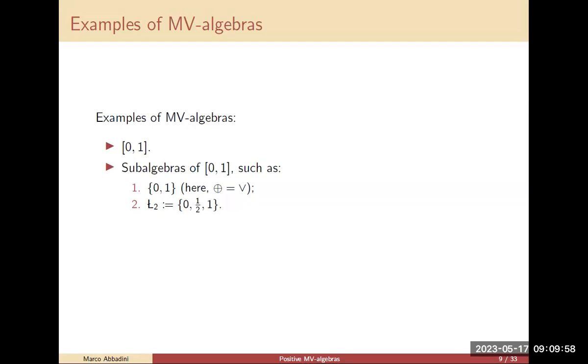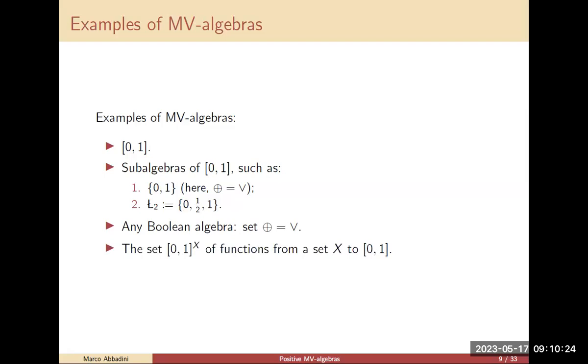This is a subalgebra, and so an MV-algebra. Any Boolean algebra is an MV-algebra. So you just take a Boolean algebra and you define plus to be equal to join. Negation and 0 you already have. And in fact, MV-algebras are a generalization of Boolean algebras. Boolean algebras are a subvariety of MV-algebras.